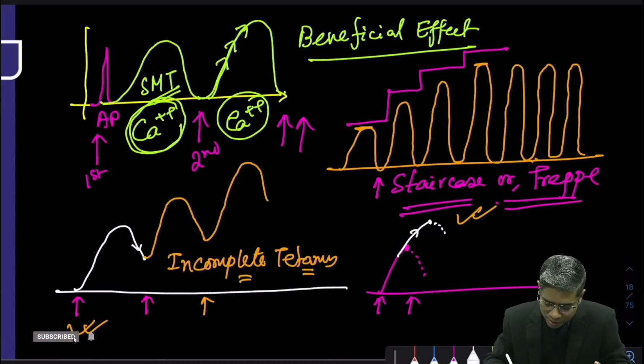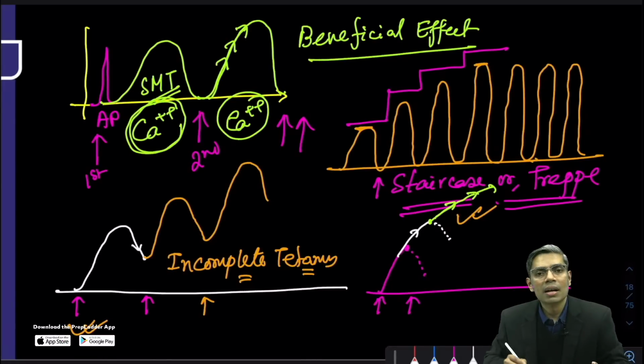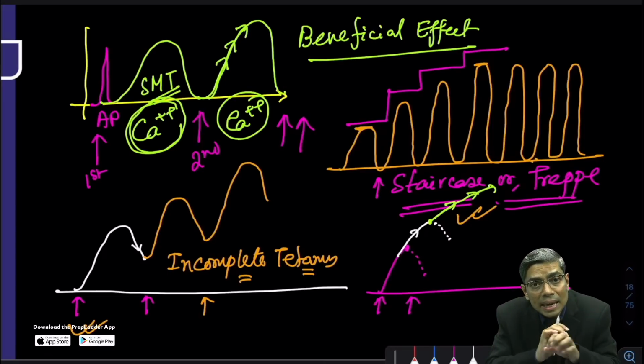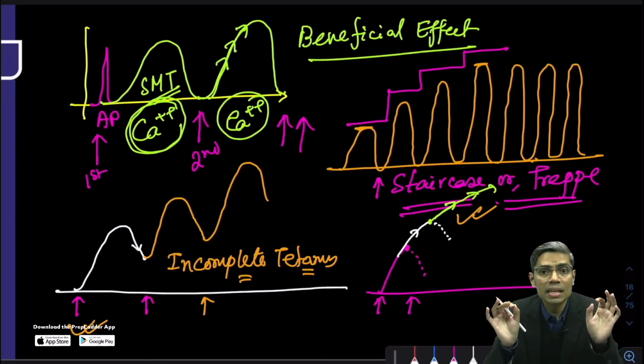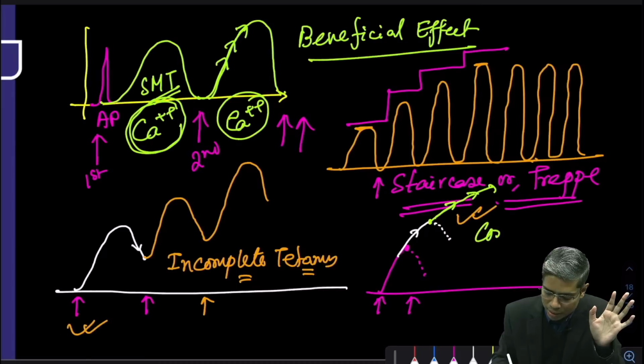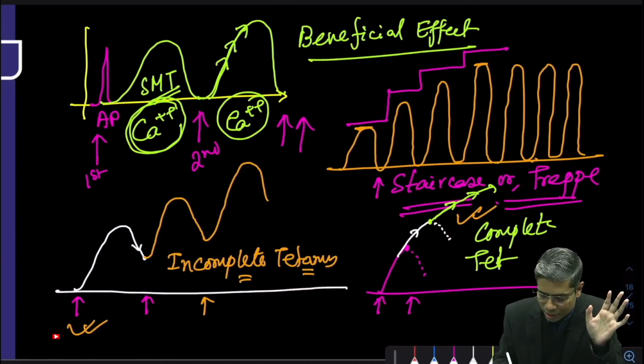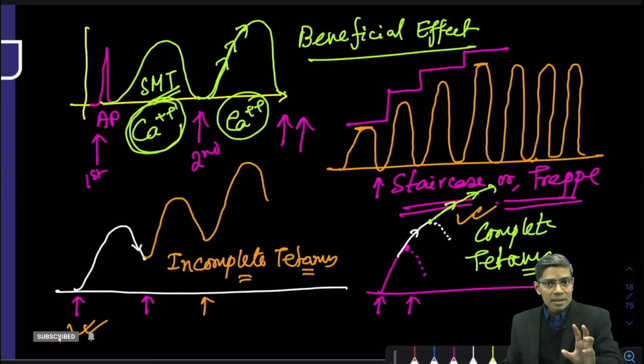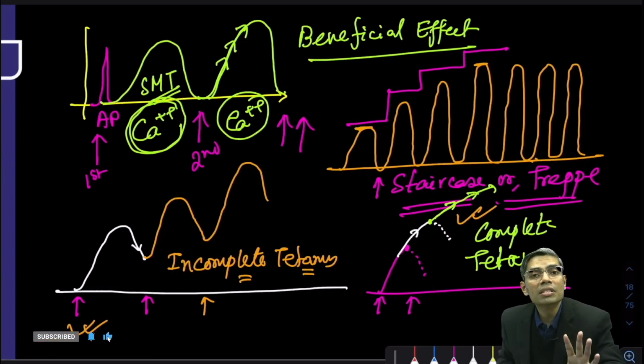Whenever it is trying to relax, I have given the third stimulus. So all the contractions are getting fused with one another without any relaxation in between. This is known as complete tetanus generation, and this complete tetanus generation requires a high frequency stimulus.